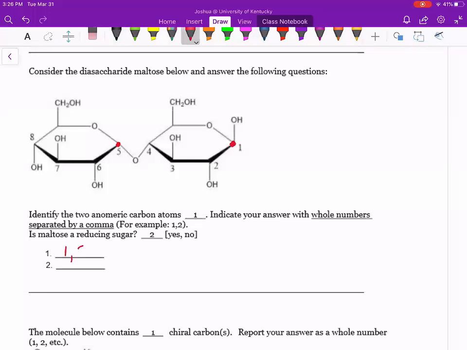Carbons 1 and 5. 5 is an acetal carbon. Carbon 1 is a hemiacetal carbon. Okay. And then, is the molecule a reducing sugar? Yes, because it contains a hemiacetal.